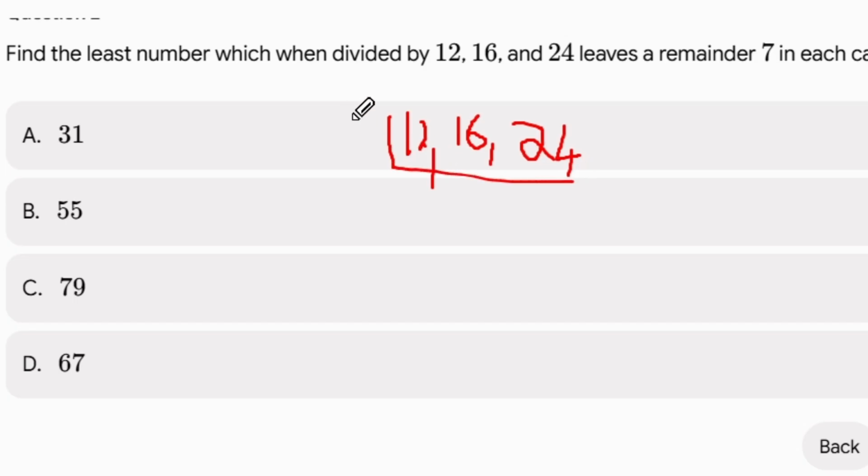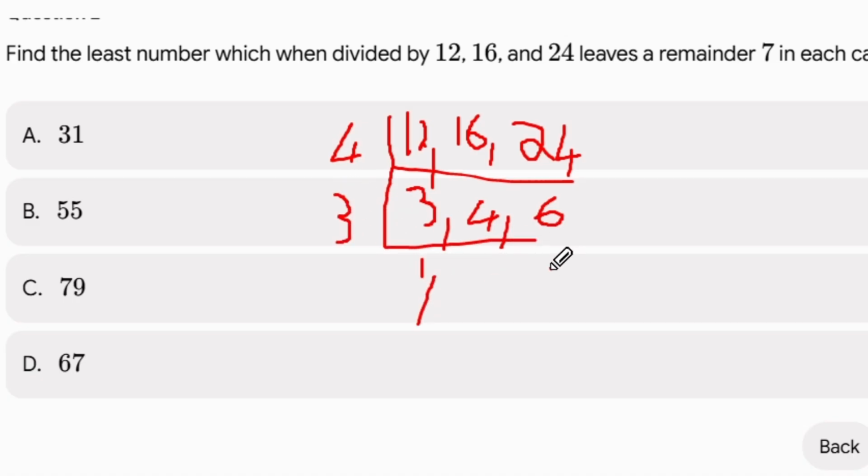4 is the common factor. By dividing by 4, 4 3s are 12, 4 4s are 16, 4 6s are 24. Here also 3 is the common factor of 3 and 6.